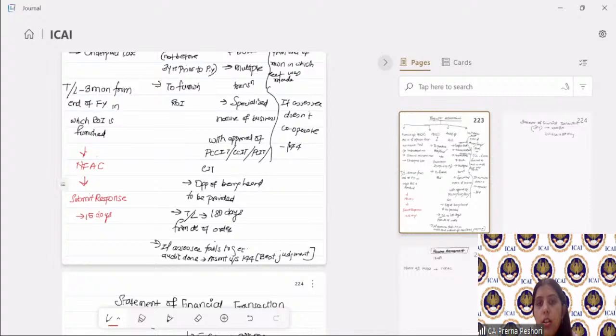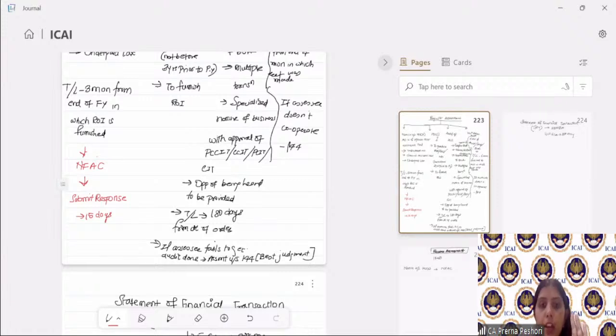Now, in this case, even 142(1) or all of these will be through these particular faceless centers only. Is that clear?